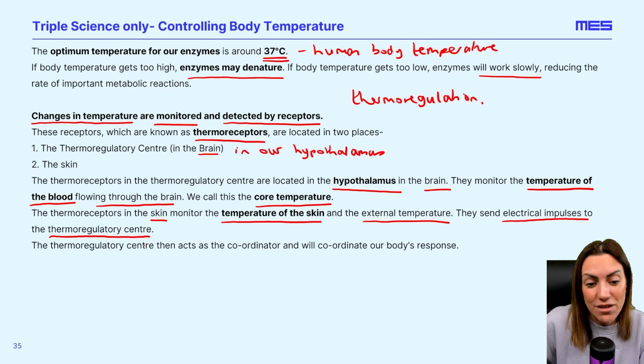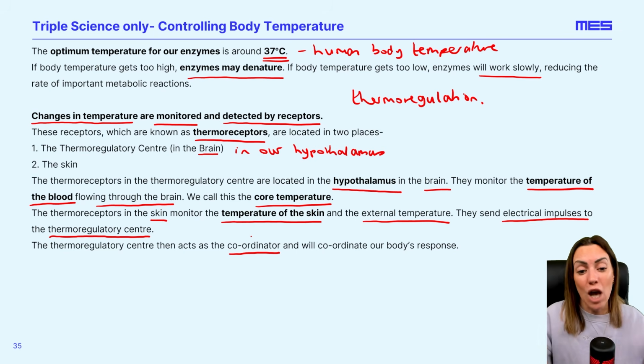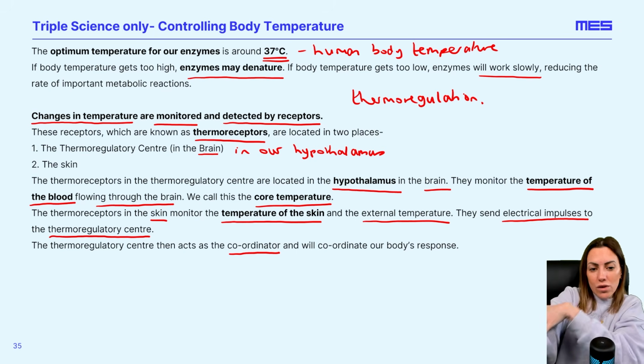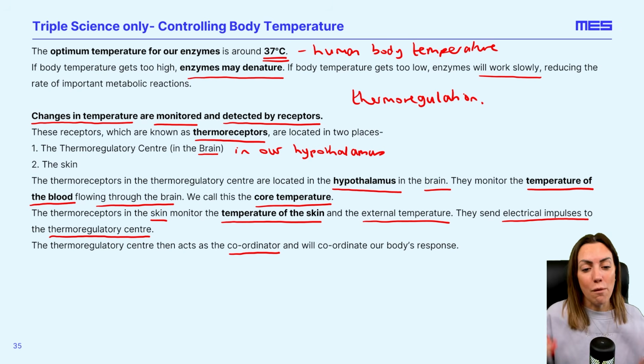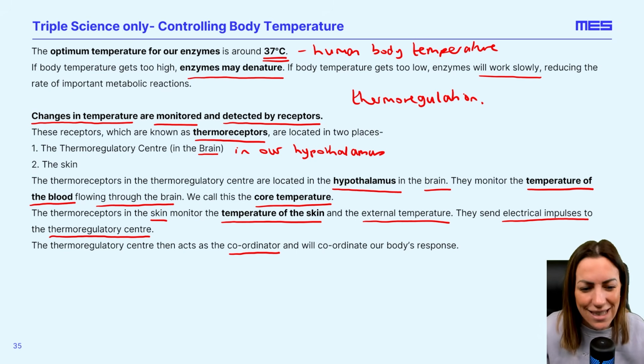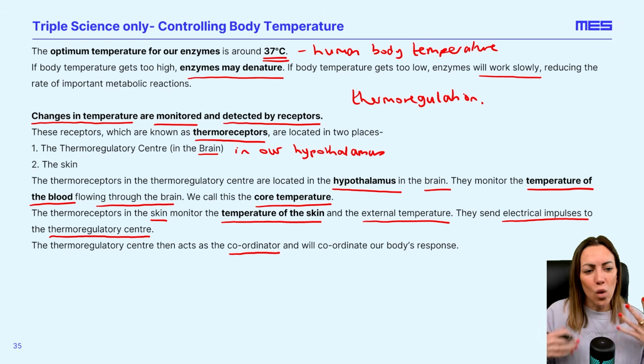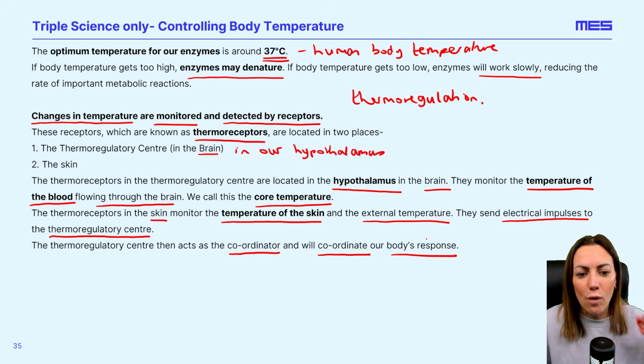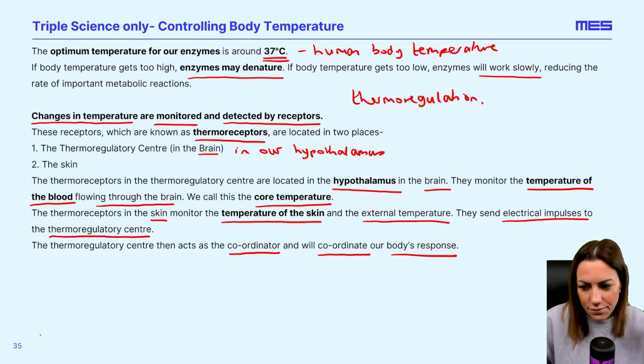So the thermoregulatory center in the hypothalamus in the brain is the main coordinator because it's receiving information from its own receptors about the temperature of the blood flowing through the brain, but it's also receiving electrical impulses from the temperature receptors in the skin about the external temperature and your skin's temperature. So once it has all of that information about both the core temperature and the skin temperature, it's coordinating your body's response. So does the body need to warm up or does it need to cool down?